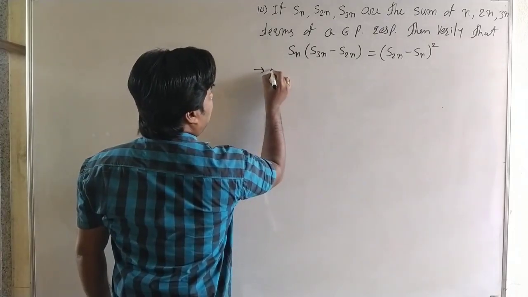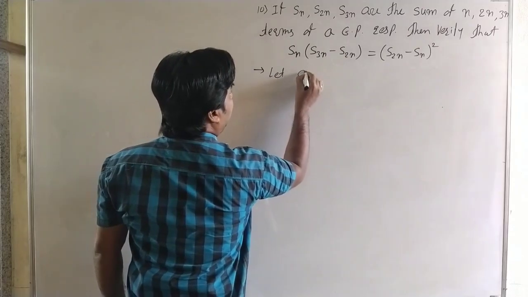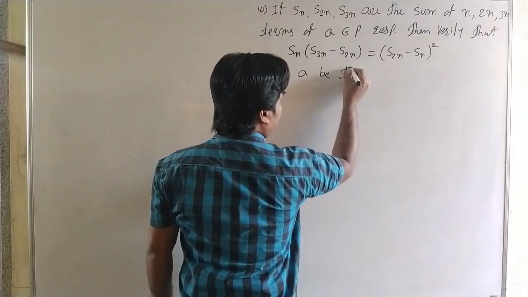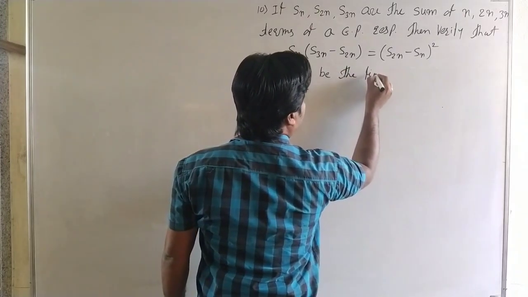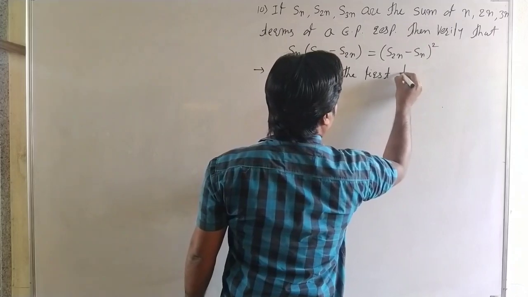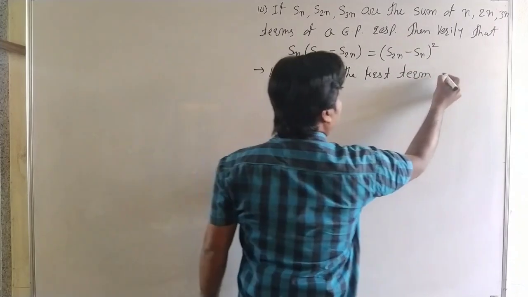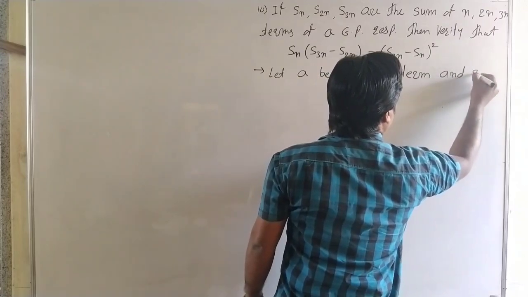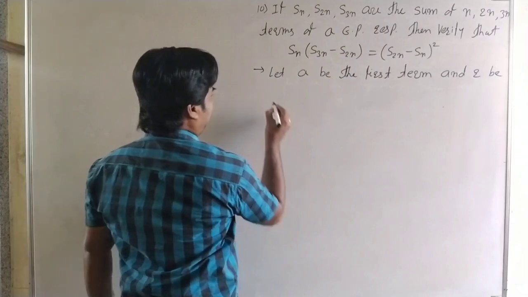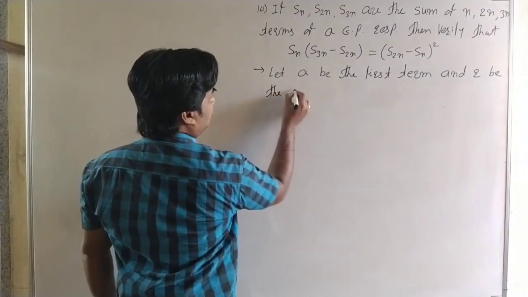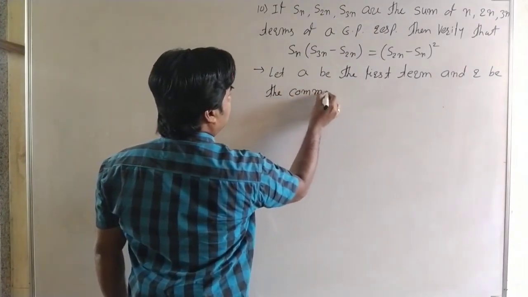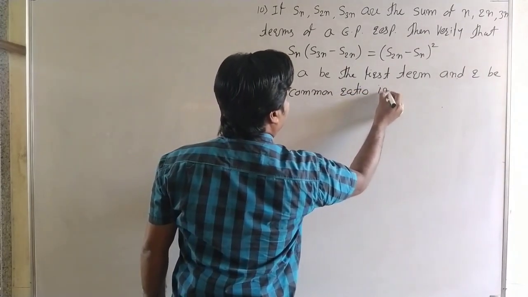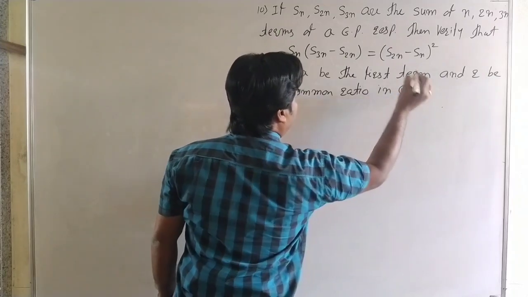Now listen, let A be the first term and R be the common ratio in the geometric progression.